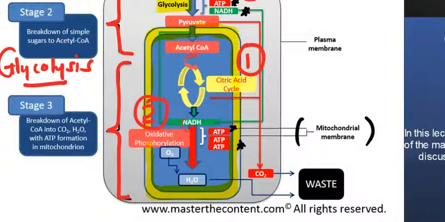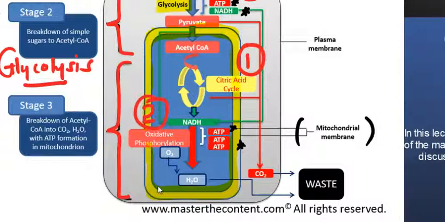Now NADH is a really important molecule in this case. It's what is fed into the electron transport chain to produce massive loads of energy, and water and carbon dioxide as waste products. So take note of this.